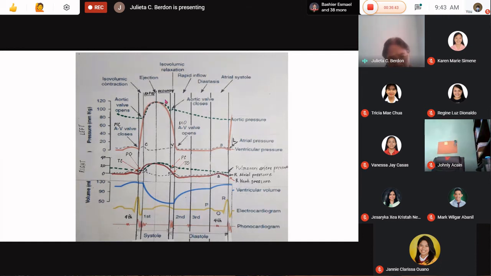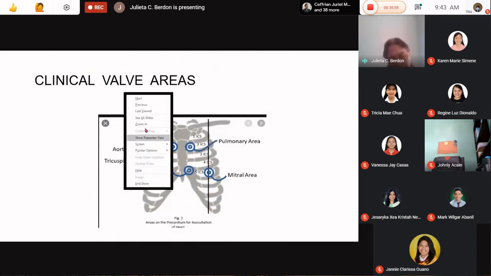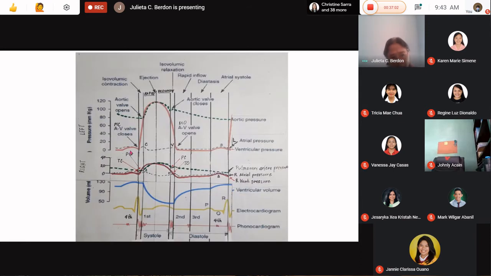Now let us look at the volume in the ventricle. See, the volume has decreased rapidly. Okay, look at the volume. So the volume here, there was no change. And then with the rapid ejection, there was a marked decrease in the volume in the ventricle, because it was already ejected.